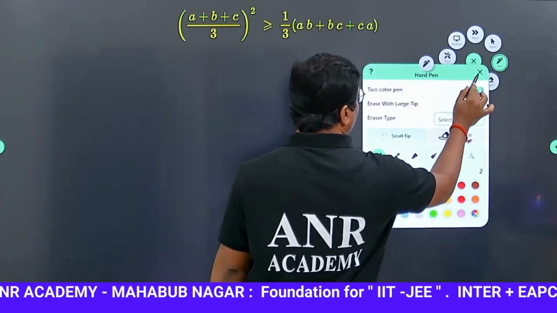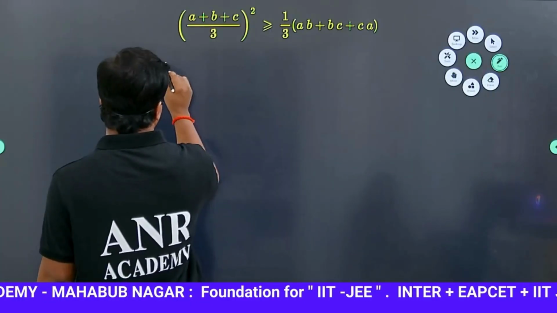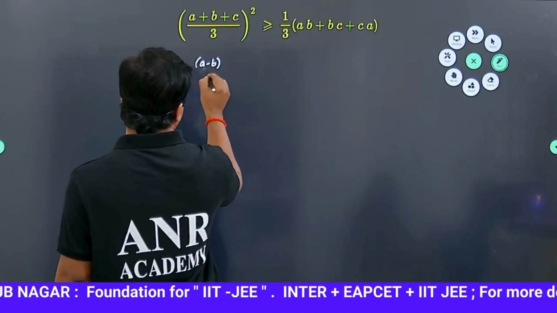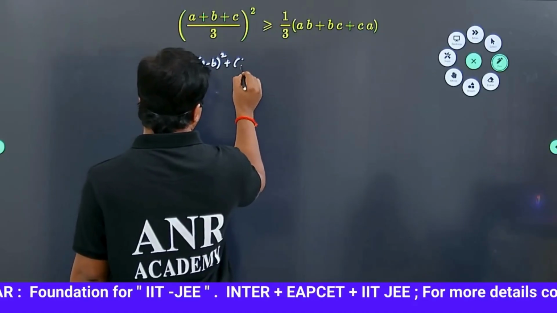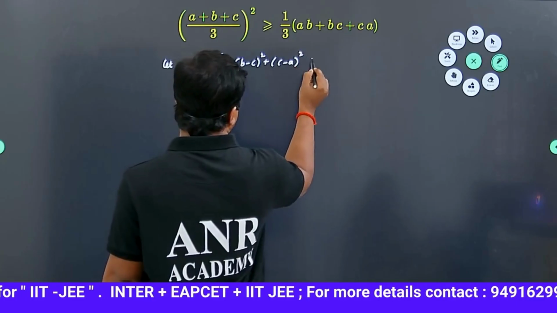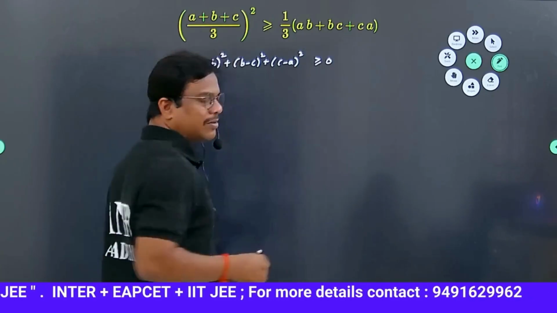This is to prove this result. I am going to select the sum of squares of a minus b, b minus c and c minus a, which is greater than or equal to 0.